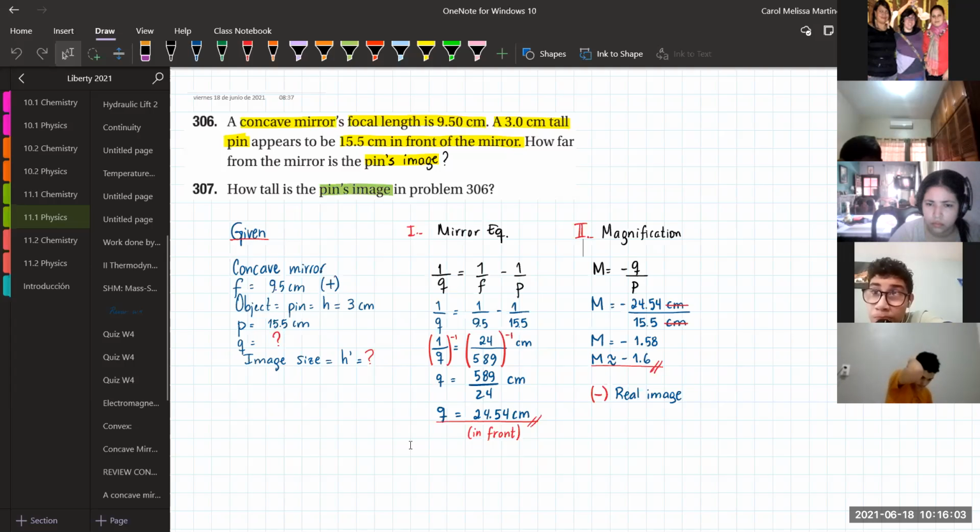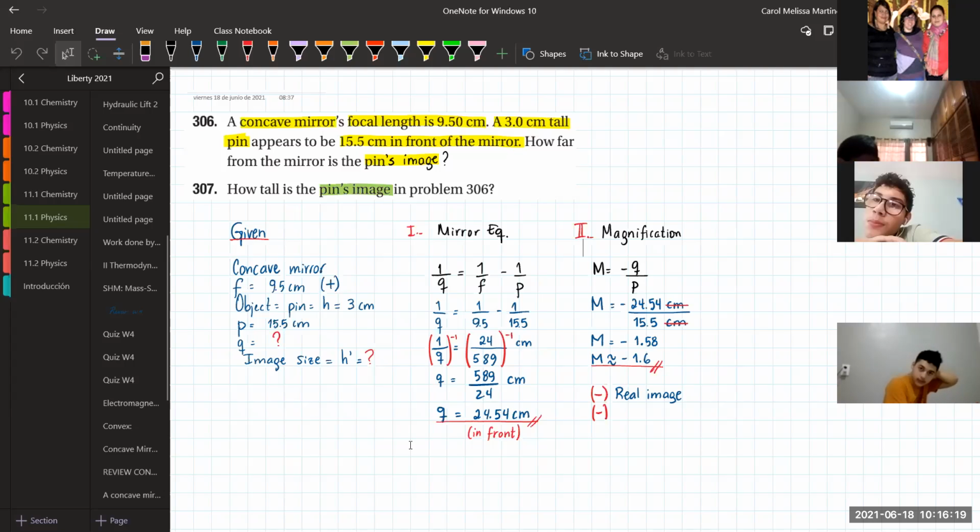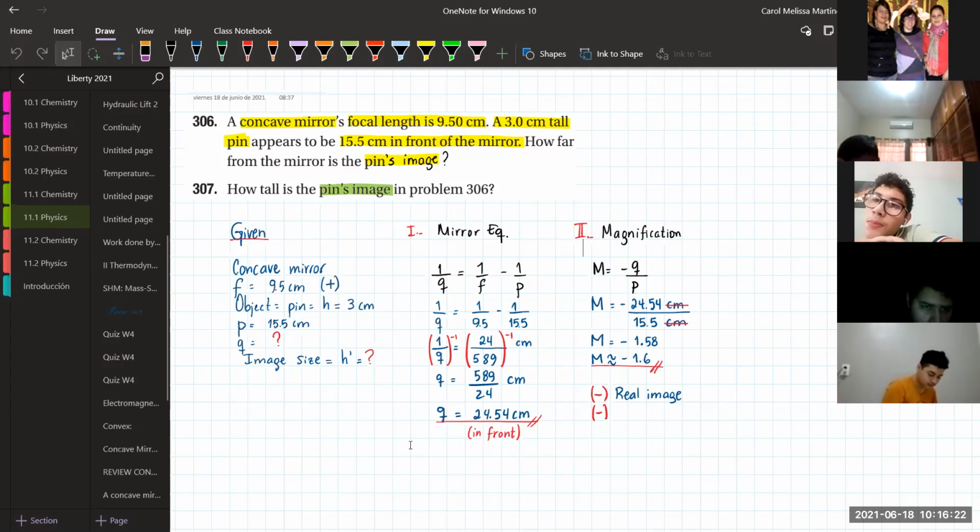The negative also means that the image is going to be upright or inverted. Inverted. Yes, it is inverted.